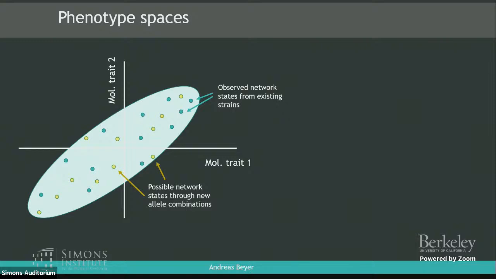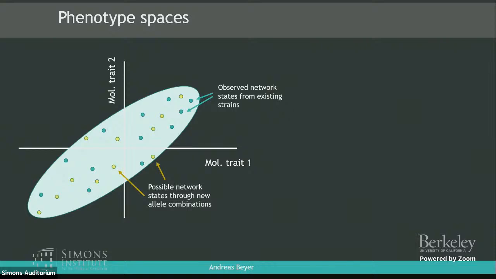Then many combinations of traits in this space are inviable, so they're not possible. The cell would just die if you had a specific combination. So this means that only a very small subspace of all possible trait combinations creates a viable cell. And out of those, most are actually disfavored through evolution because they are not fit. They are viable, but they're not fit.